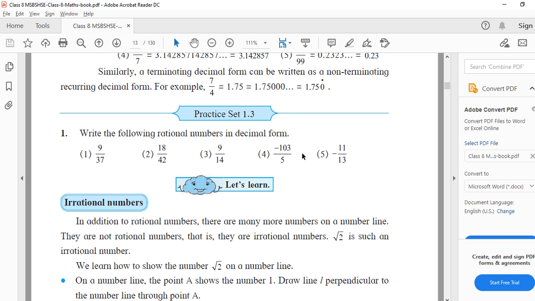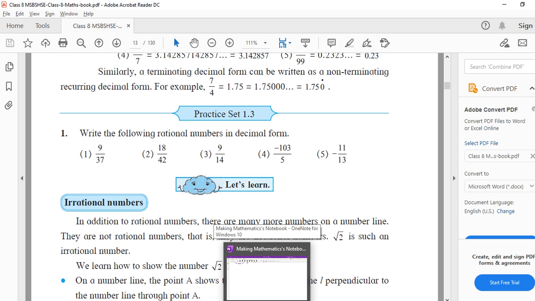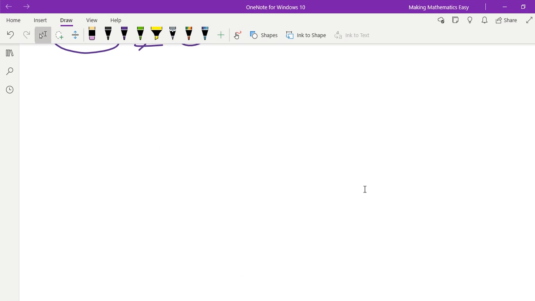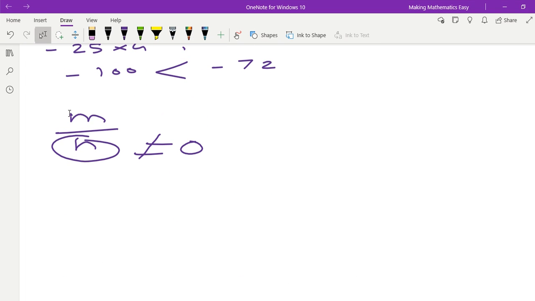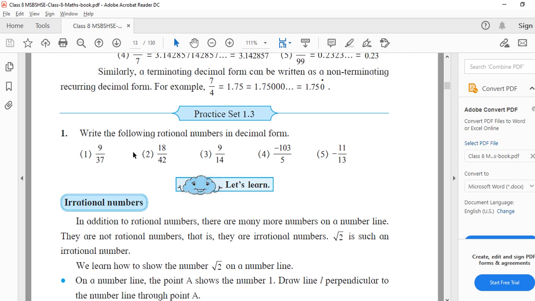All these are rational numbers, and if you remember, we studied yesterday, a rational number is nothing but a number in the form of m upon n, basically a fraction wherein the denominator cannot be 0. That is called a rational number. Now we have to convert these rational numbers into decimal fractions, so basically we have to do division of these numbers.